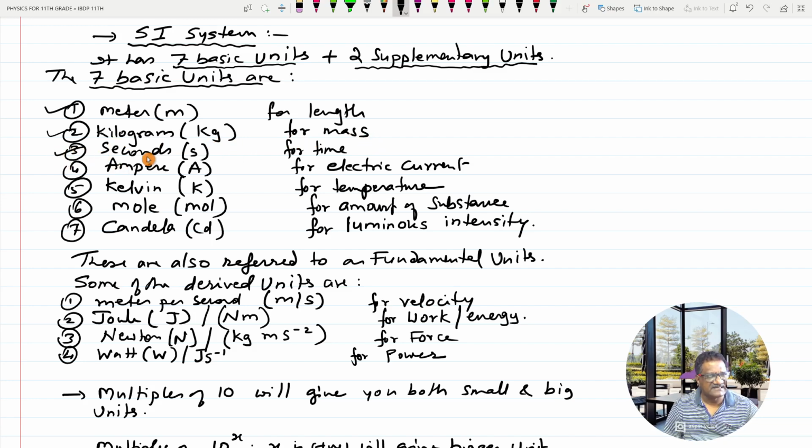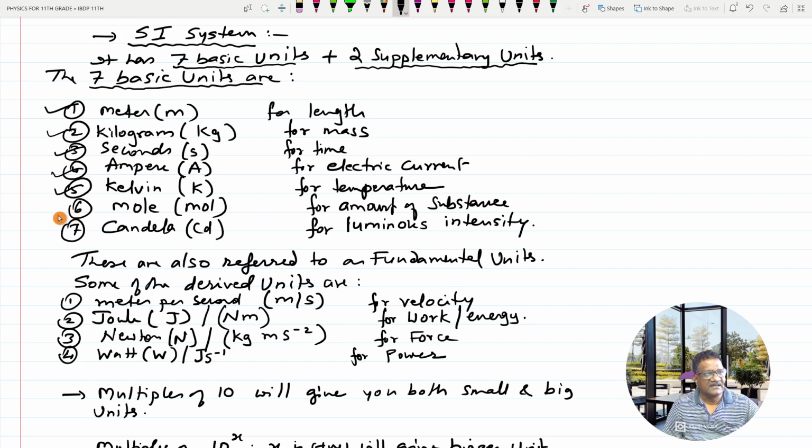Third one is second, its symbol is s, and this is the unit for time. Fourth one is ampere, its symbol is capital A, and this is the unit for electric current. Fifth one is Kelvin. Its symbol is capital K, and this is the unit for temperature.